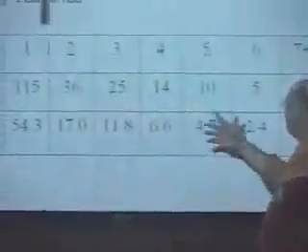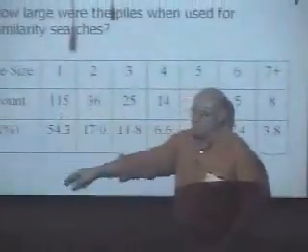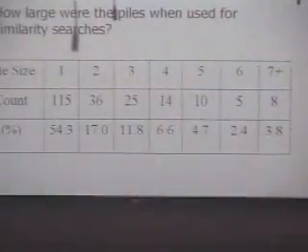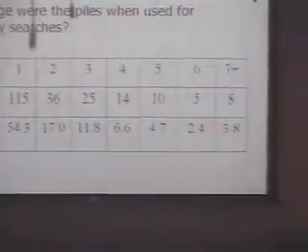How large were the piles, you might ask, when they actually issued the similarity search? Well, I think this is interesting. I don't know the exact number, but 54% of them did a similarity search when their pile had one document in it. Now, those of you familiar with relevance feedback searching will know that it's usually best if you have 2, 3, 5 relevant documents. But they chose to use the piles when they had just one document in it for similarity searching.